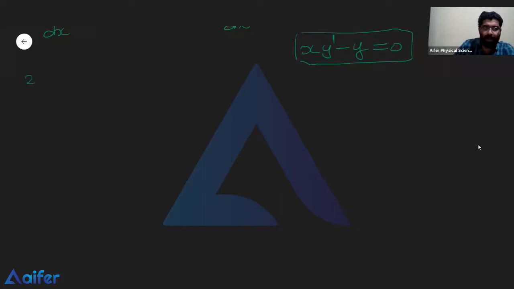The second curve is given, which is y equal to a sin(x plus b). You can see that a and b are constants, so the corresponding differential equation will be second order. First I am differentiating: y prime equal to a cos(x plus b), the derivative of x plus b being just 1, and y double prime equal to minus a sin(x plus b).